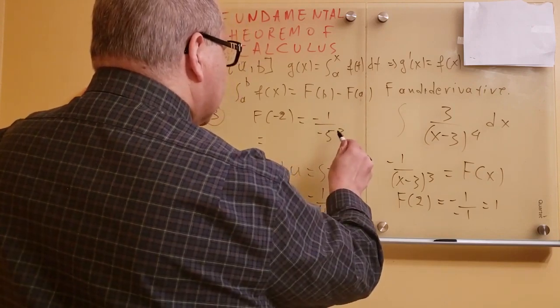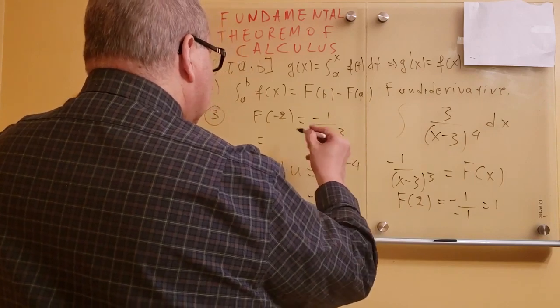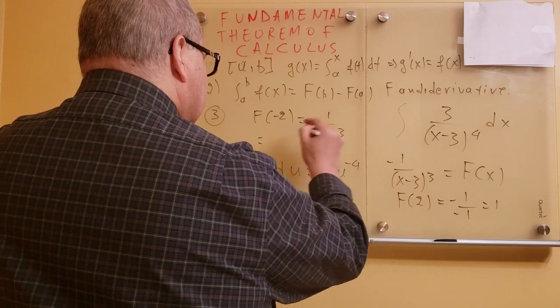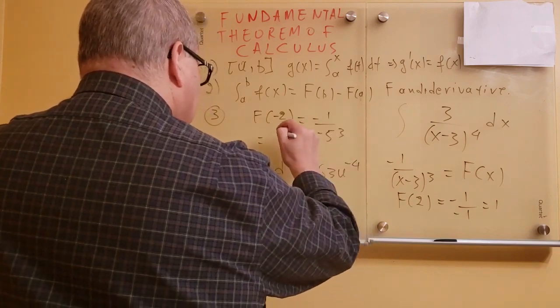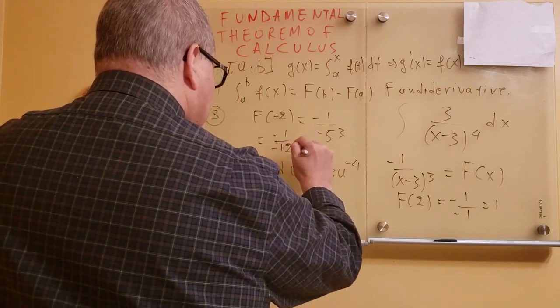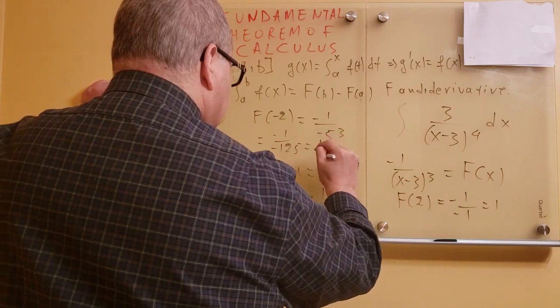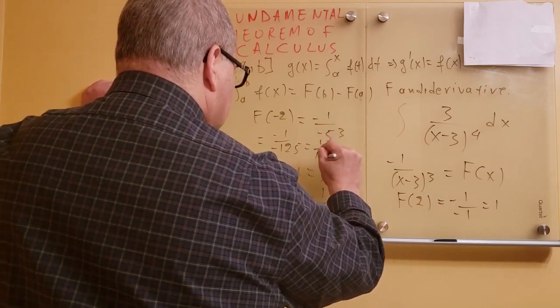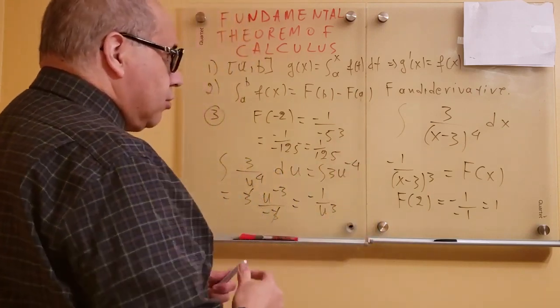Minus 5 to the third is minus 125, with the minus 1, so that's minus 1 over minus 125, which is actually equal to 1 over 125.